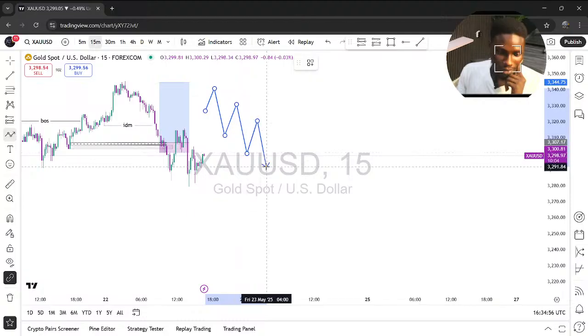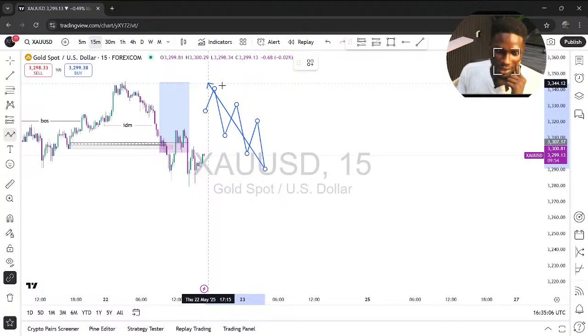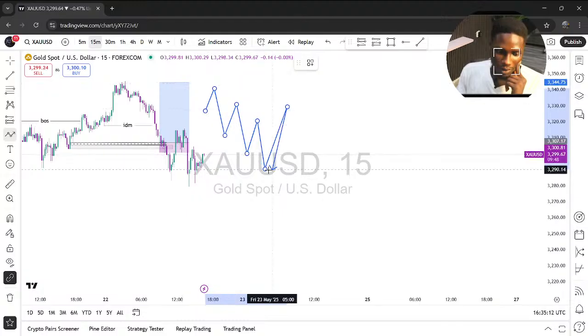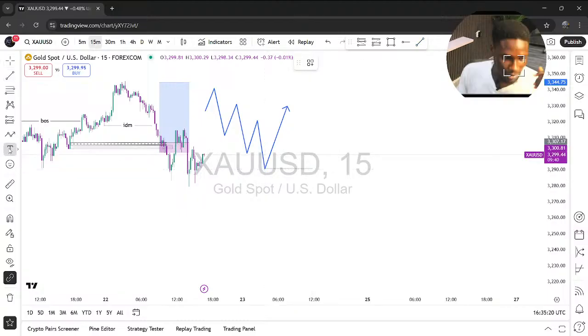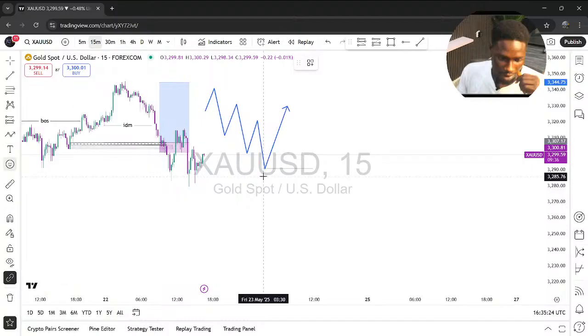For us to conclude that this is a lower low, we have to see something called an inducement. That is, the price has to break this previous high here, maybe get to whichever high, even if it's just one, it breaks. Once price does that, then we have this to be a strong low. I think yesterday I began to mark it using this check symbol. So that happens to be a strong low.